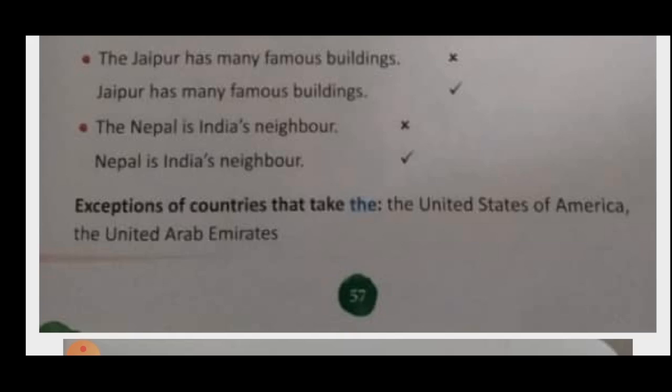But we use the before the name of a sea, ocean, river, and mountains, and for famous buildings also. And a is used when there is a singular noun and the beginning sound is a consonant sound, so there we will put a. And if there is a singular noun beginning with a vowel sound, there we will put an. So in this way articles are used.